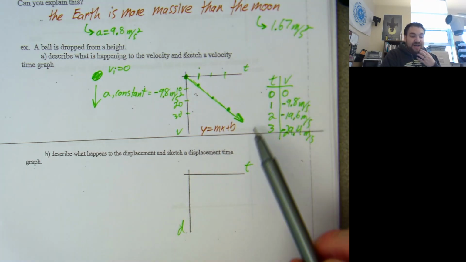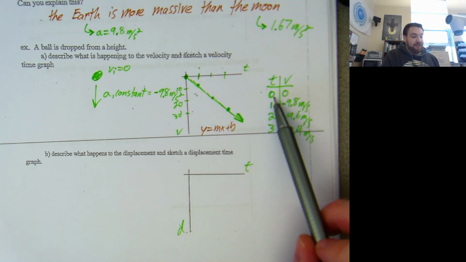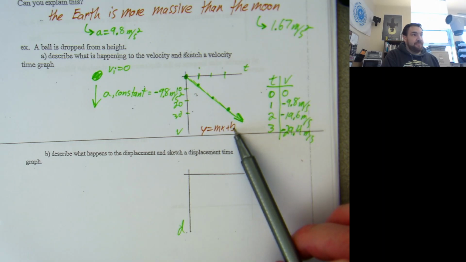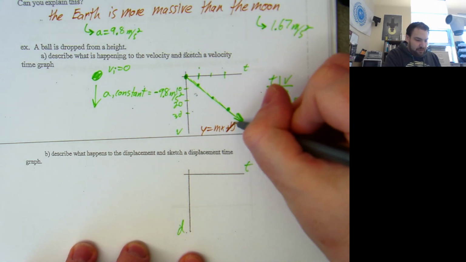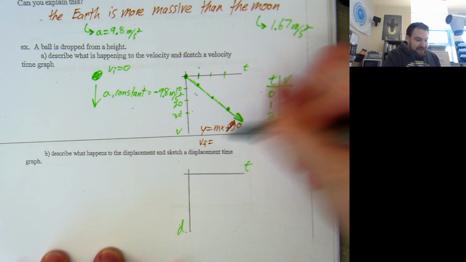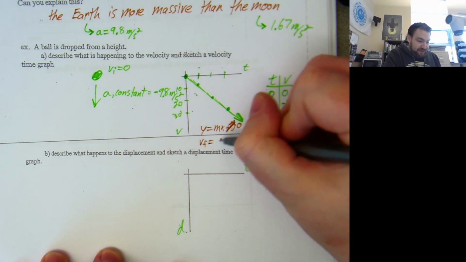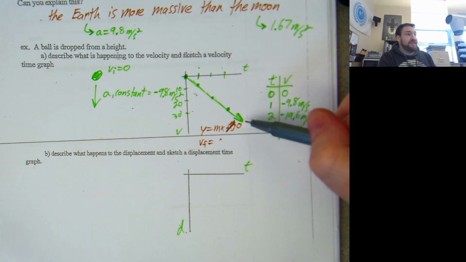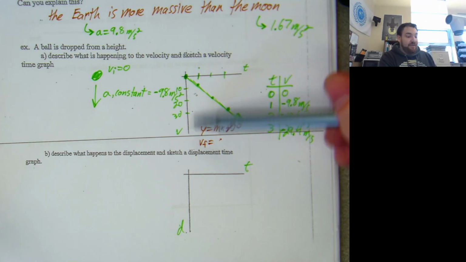And if the initial velocity was 0 at time 0, then b should be 0. And the slope on a velocity time graph is, the rise is v, the run is t.